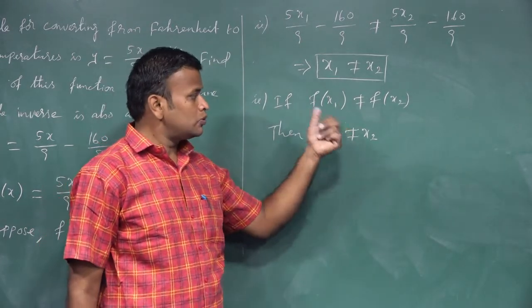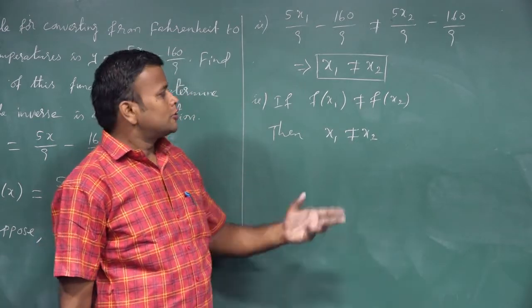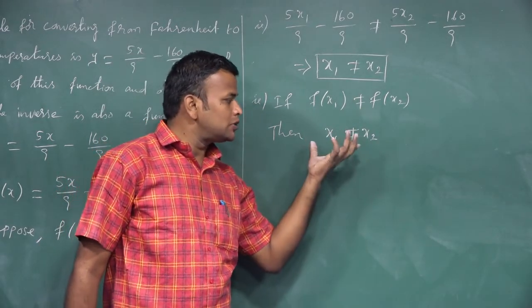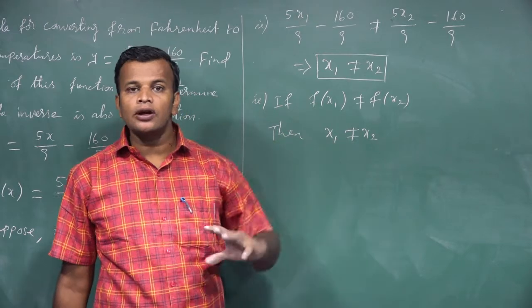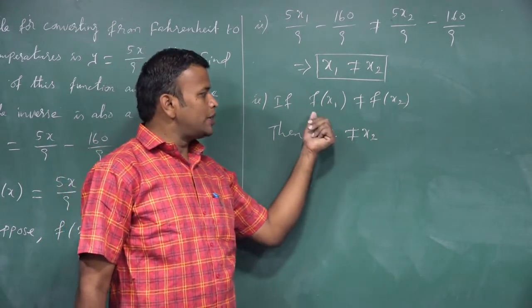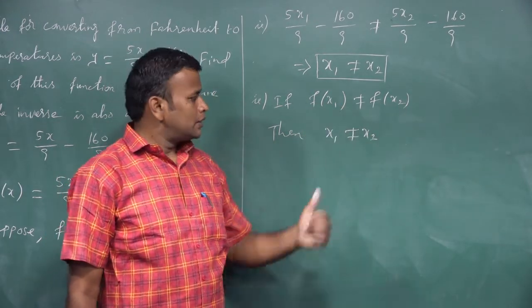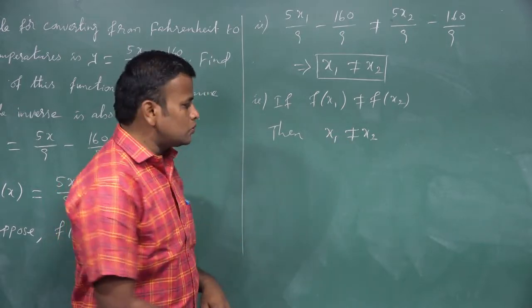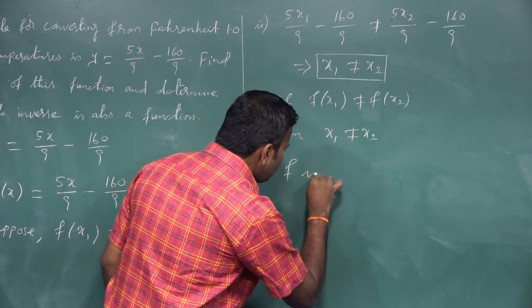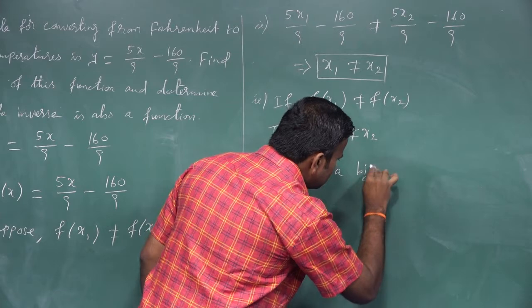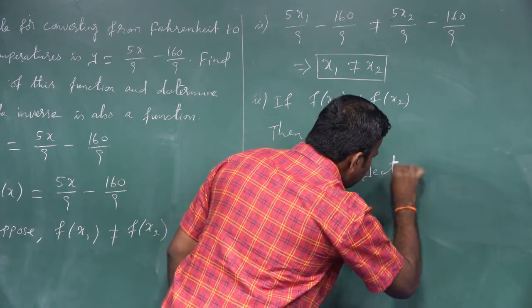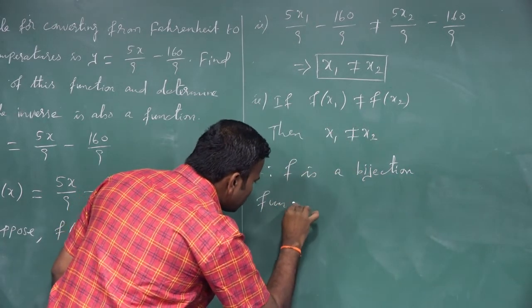So here also, to prove the given function is a bijection. Suppose it is exactly equal, then we say the given function is not a bijection. But if f of x1 is not equal to f of x2, then x1 is also not equal to x2, therefore f is a bijection function.